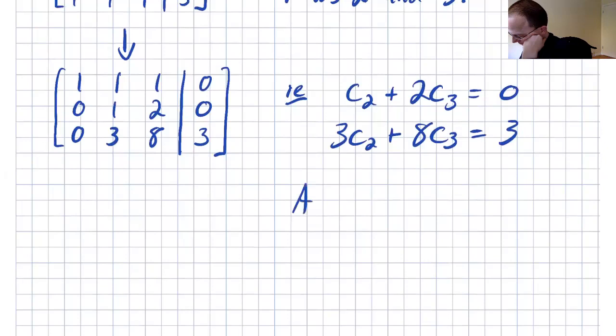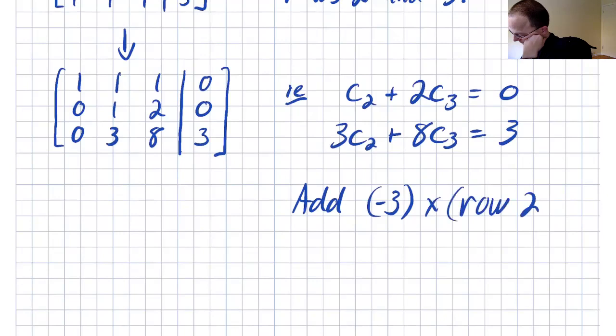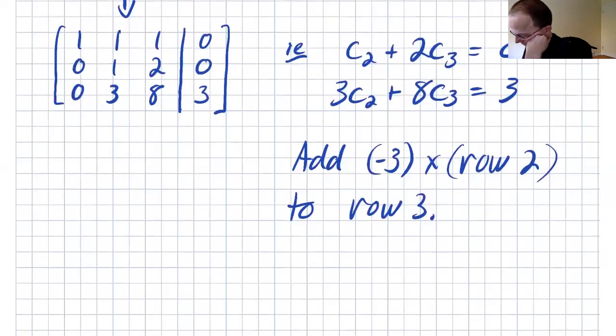We're going to add -3 times row 2 to row 3. Okay, so let's do that.